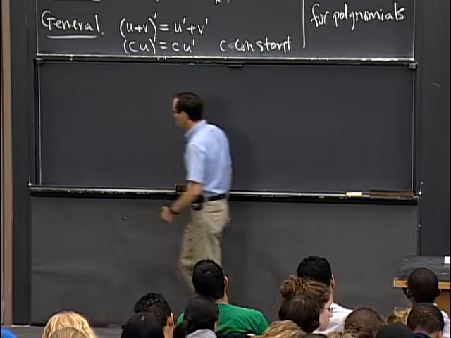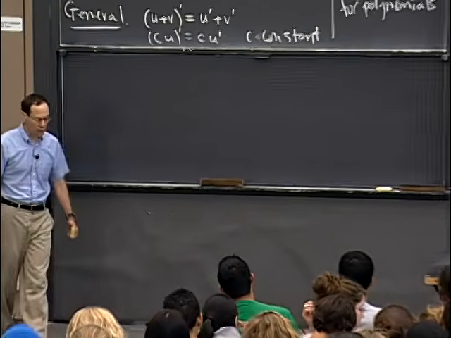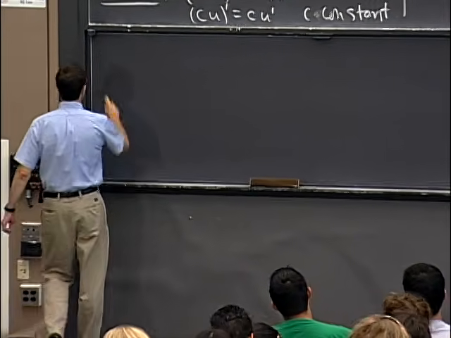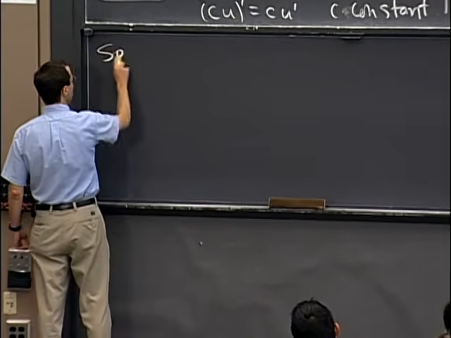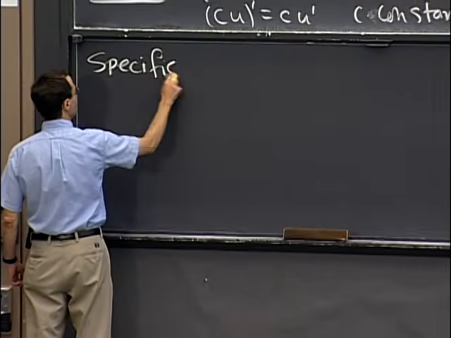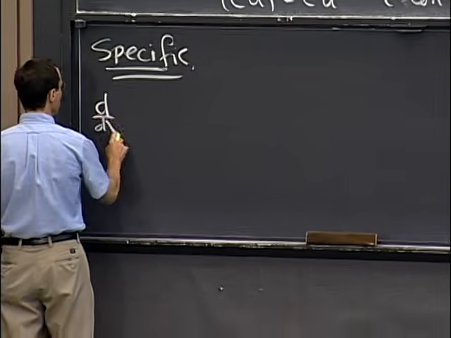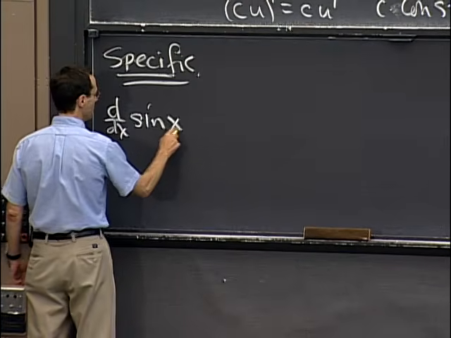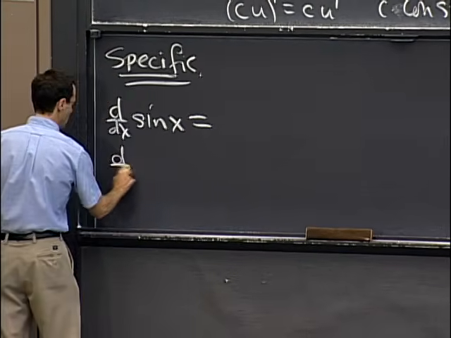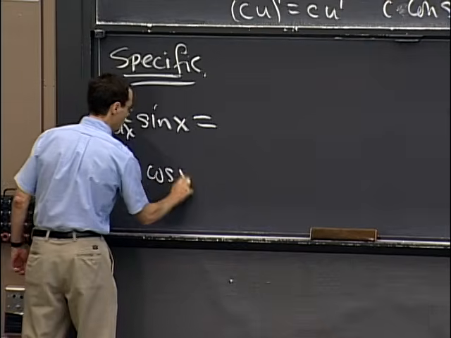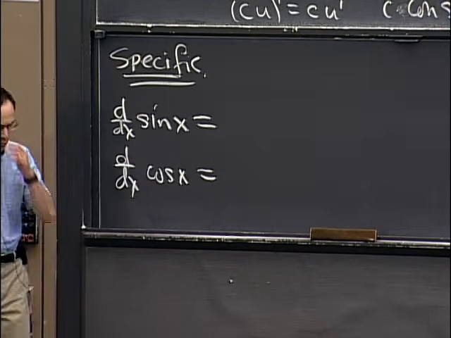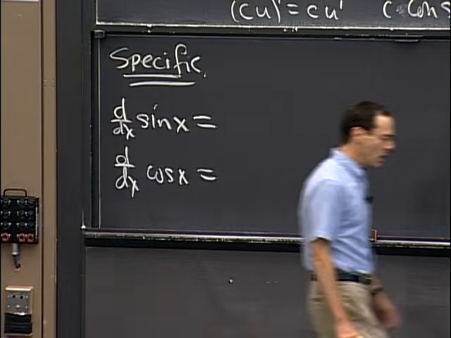So today, we want to concentrate on the trig functions. We'll start out with some specific formulas. They're going to be the formulas for the derivative of the sine function and the cosine function. That's what we'll spend the first part of the lecture on.